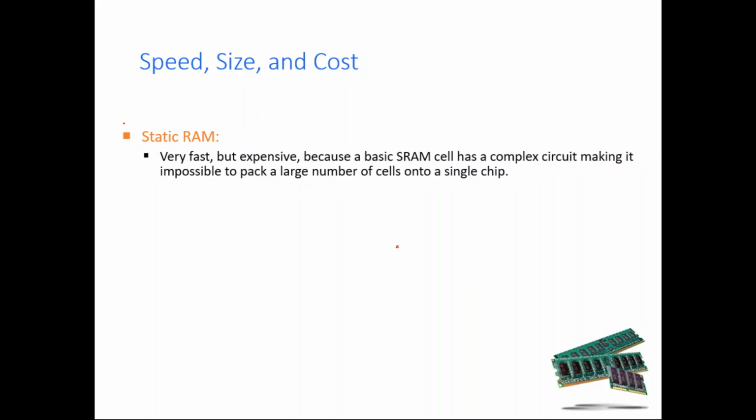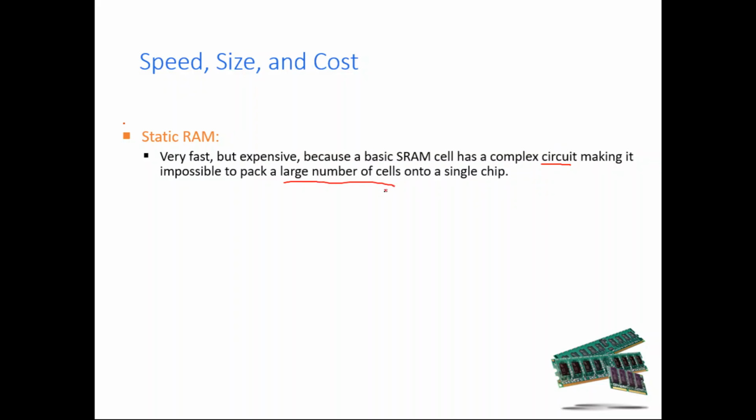Static RAM. These RAMs are very fast, but they are very expensive, and also they have a complex circuit. So increasing the size of this RAM is not that easy. It is quite difficult because of the complex circuit. It is impossible to pack a large number of cells on a single chip.